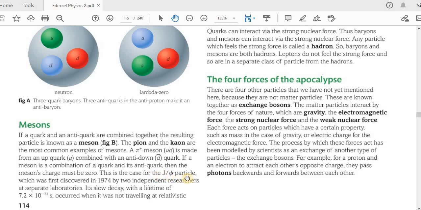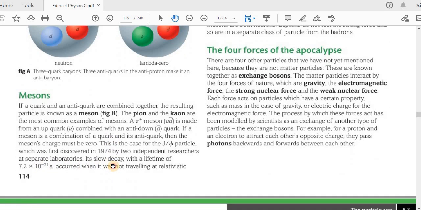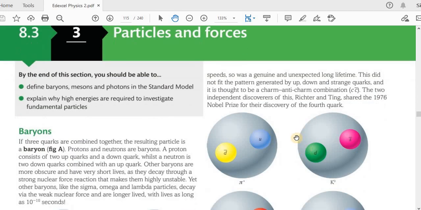This is the J or psi particle, which was discovered in 1974 by two independent researchers at separate laboratories. Its slow decay, with a lifetime of 7.2 times 10 to the power minus 21 seconds, occurred when it was not traveling at relativistic speeds, so it was a genuine and unexpected long lifetime.